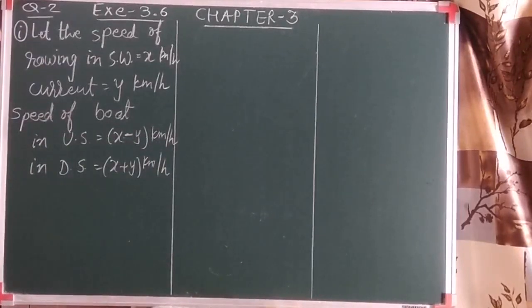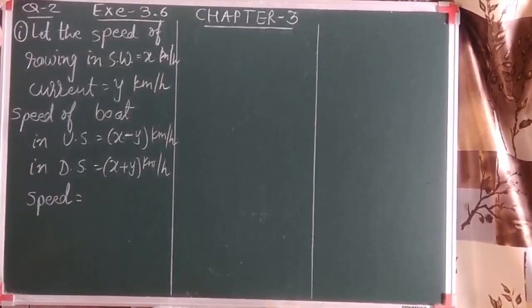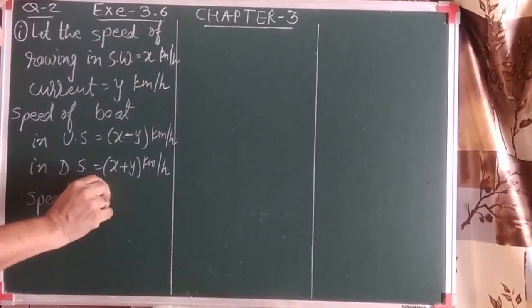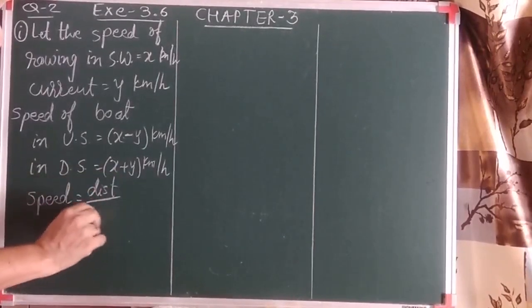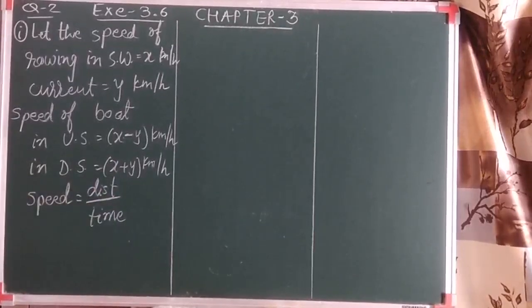So now let's find out the time taken by Ritu to go downstream and upstream. For downstream, she is taking 2 hours. As we discussed earlier, whenever it is a question about speed, we'll use this formula: speed is equal to distance upon time. In both the downstream and upstream cases, the time is 2 hours.